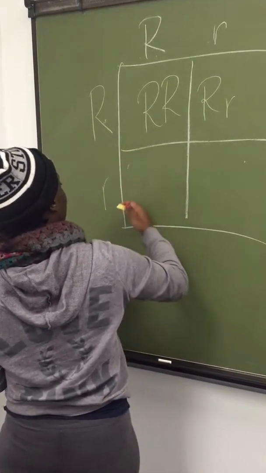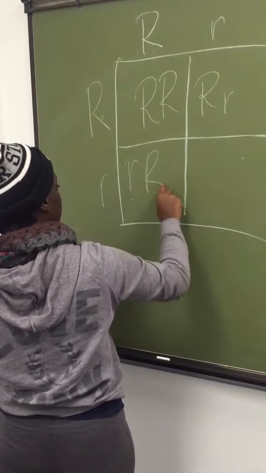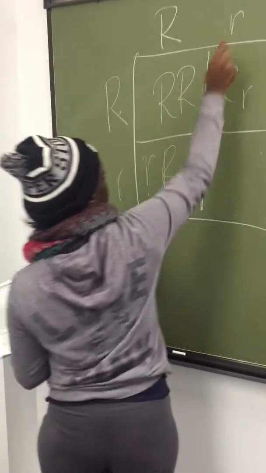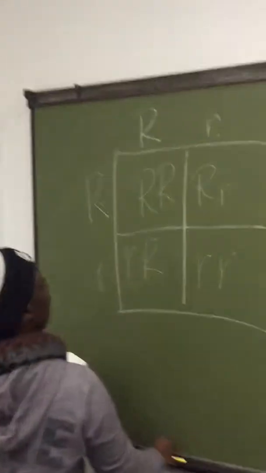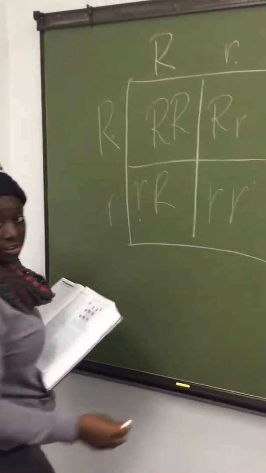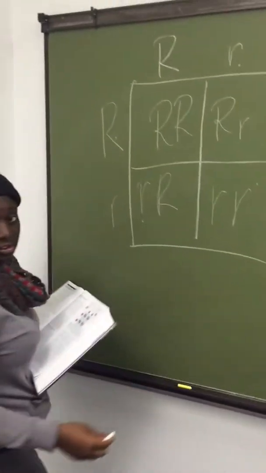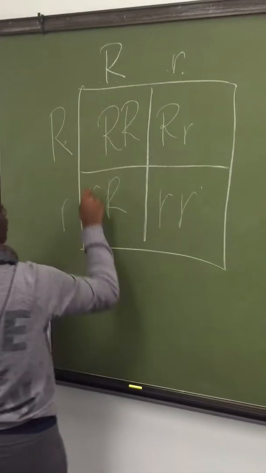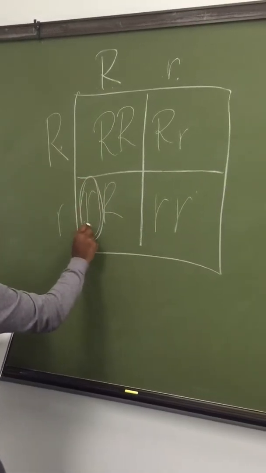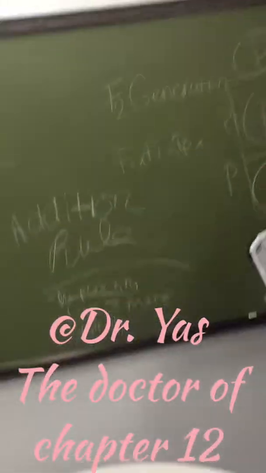Little r, big R. And this times this makes little r, little r. That is how you demonstrate the multiplication probability. See, the difference between this one and this one is now when you multiply these, the little r is in front, and the big R is in front.